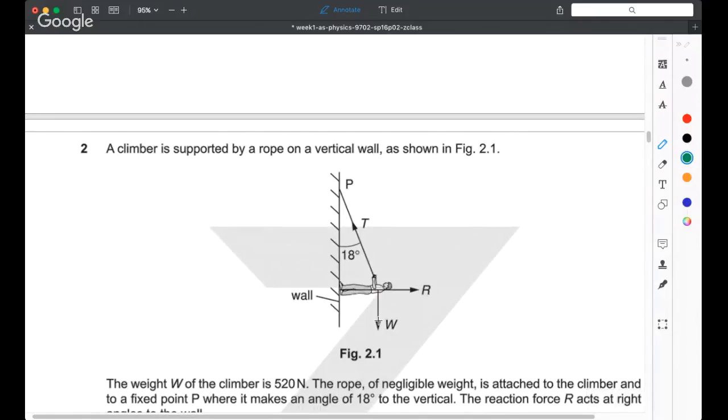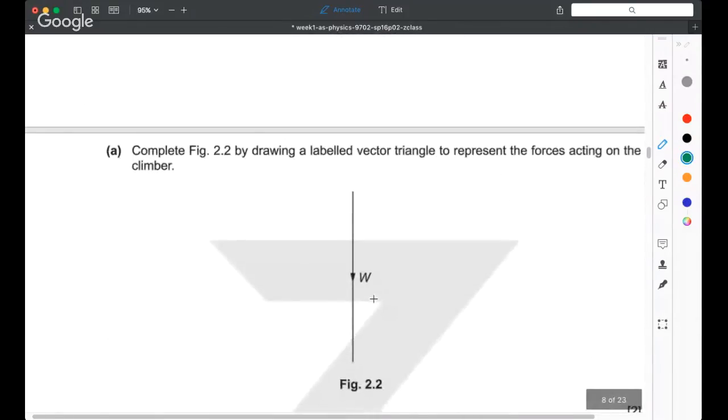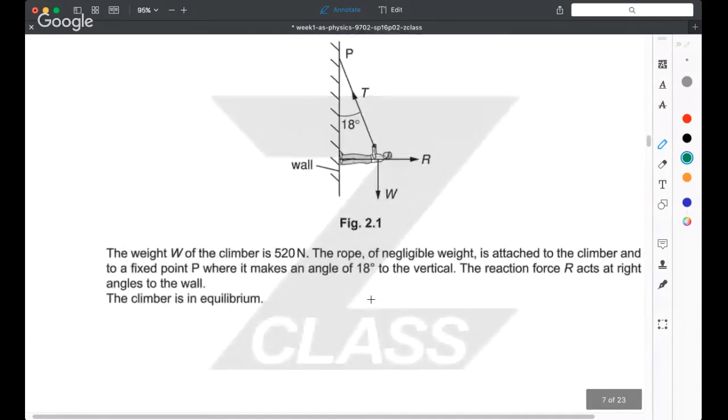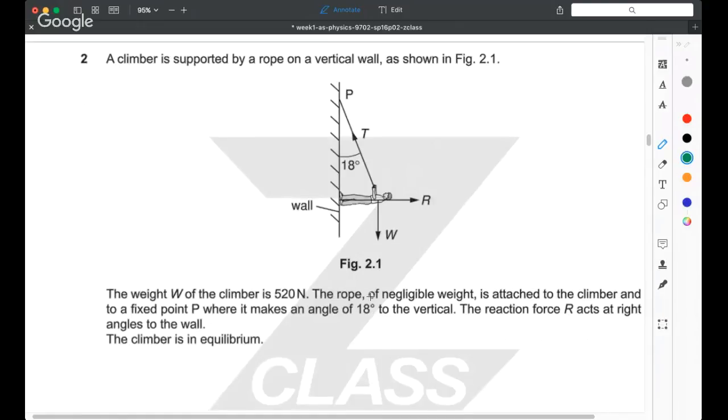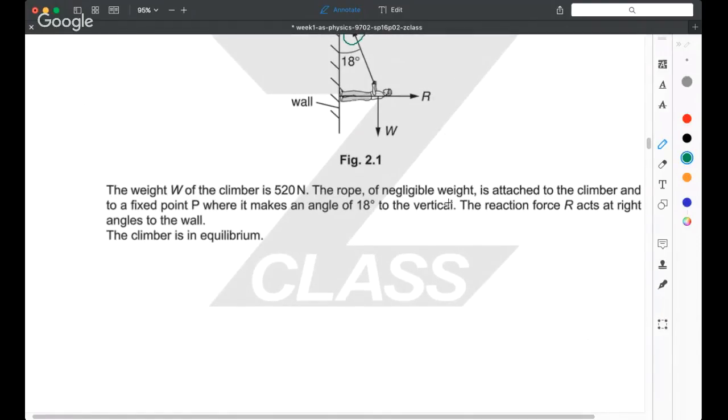So the weight is here. What other forces should I put in the diagram? There will be tension from the rope. We have this tension.